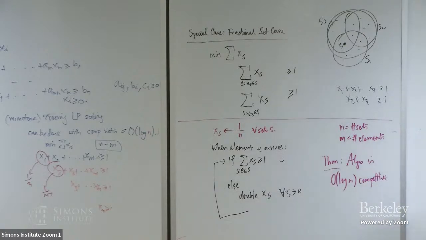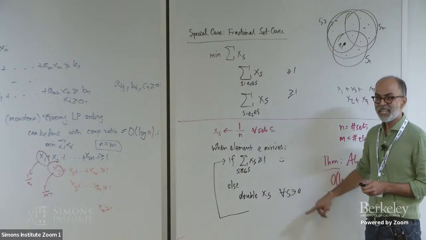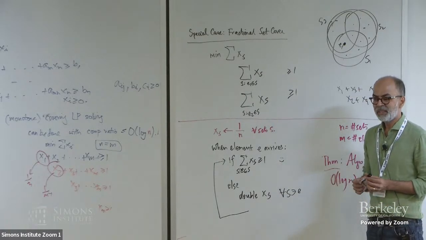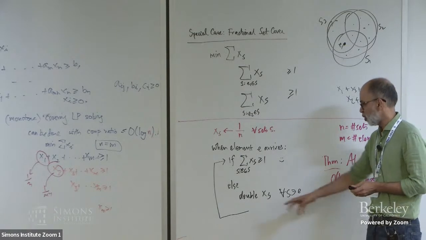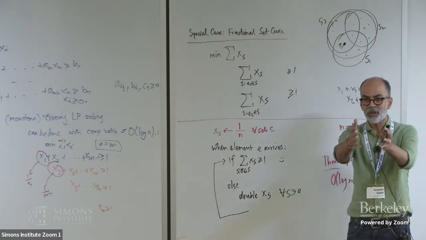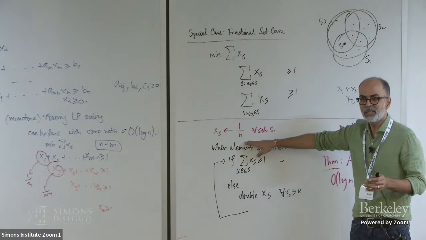I need to analyze this. You don't break ties between the S's when you double? So I double all the S's that contain this element. So intuitively, there's one S that is very large, that contains everything. Yes, so it could be the case that there's one S which is already at 1 minus epsilon, and all the other S's are sitting at this.